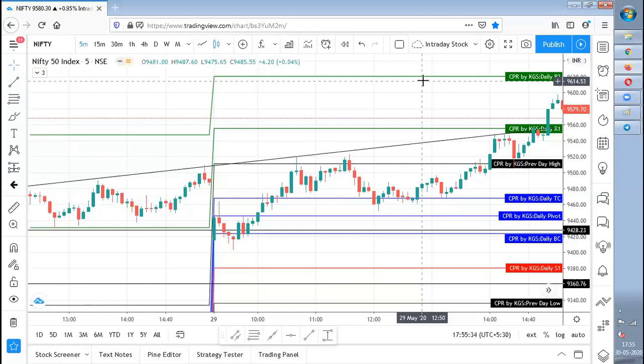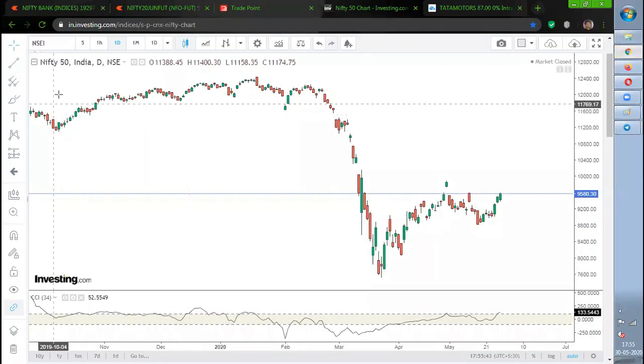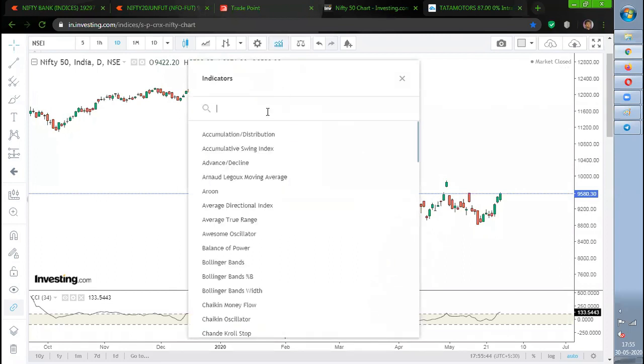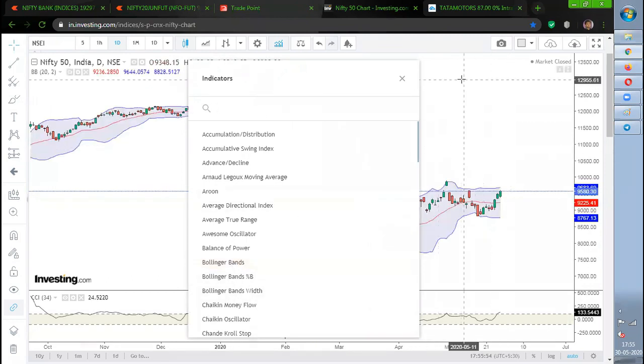Price action is the best thing to do, like pattern recognition. What I would say is, take any indicator. Other than CPR, tell me one. Bollinger Band. One of the worst indicators.